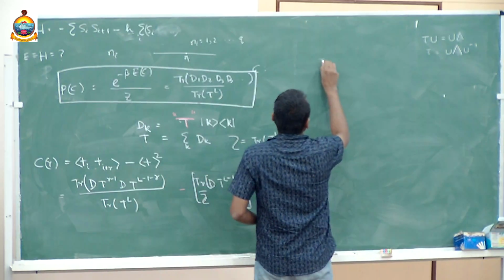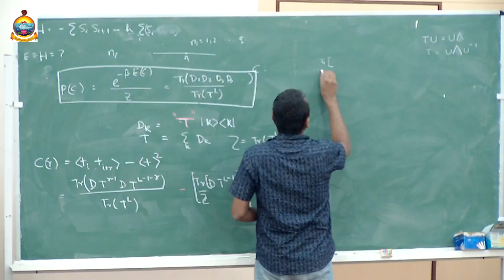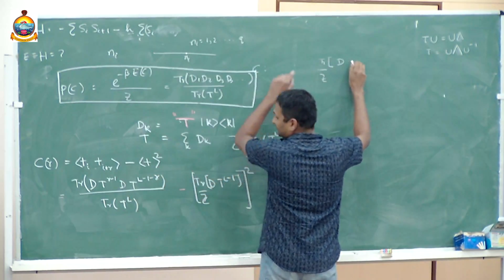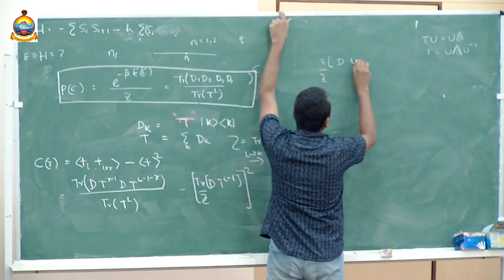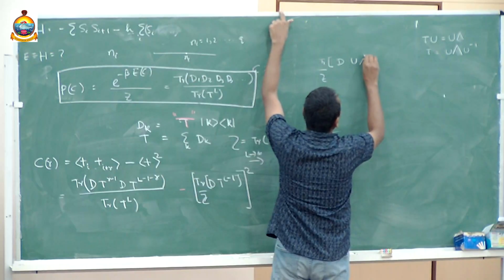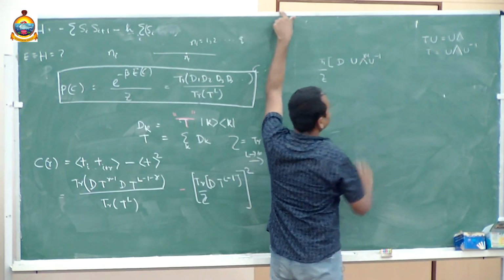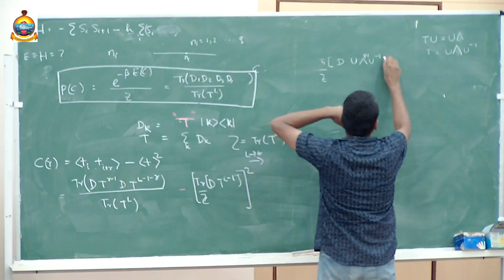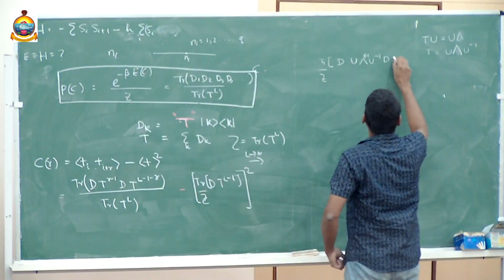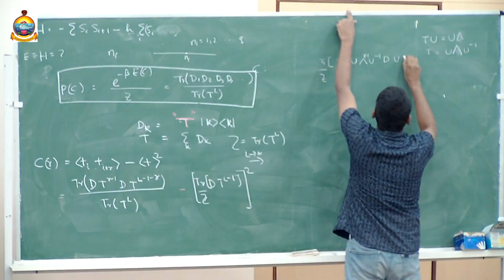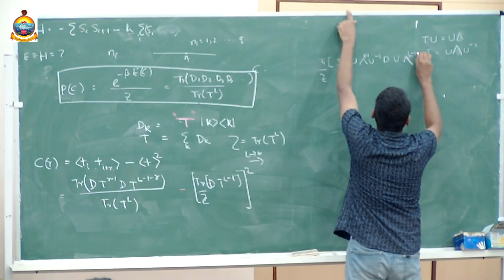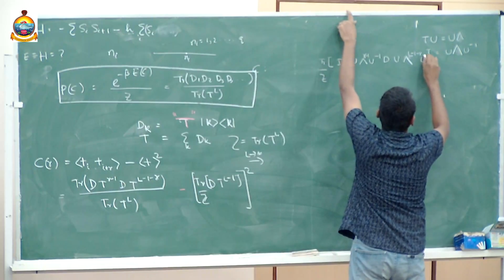Okay, so let us write that. This is equal to trace of something divided by Z, and this is D. I write that. And T to the power R is just U lambda to the power R minus 1 and U inverse, and then again D, and again U lambda to the power L minus 1 minus R U inverse.